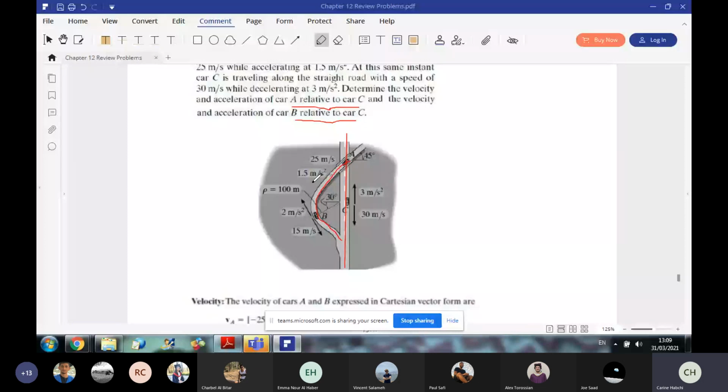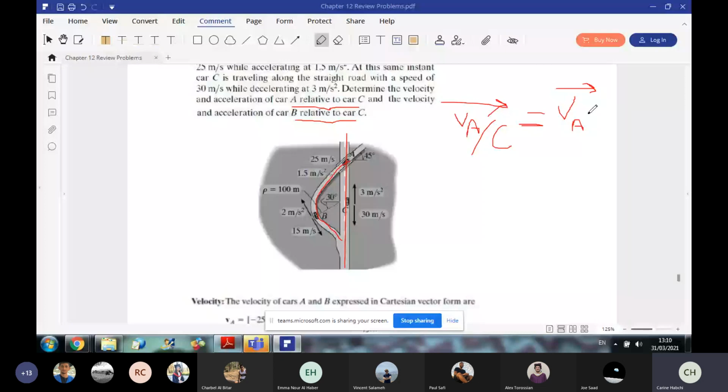Then, to calculate velocity of A, for example, relative to C, all we have to do is V of A minus V of C. The same for the acceleration relation, and we will repeat the same calculation for car B. Okay, so now we should find for each car what is the absolute velocity and absolute acceleration.